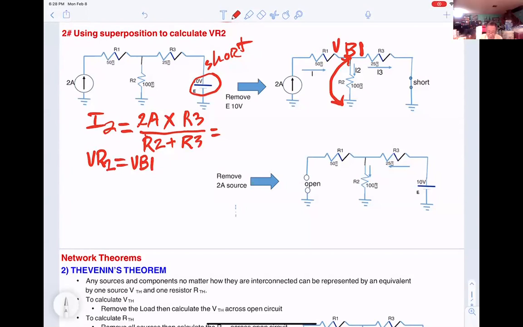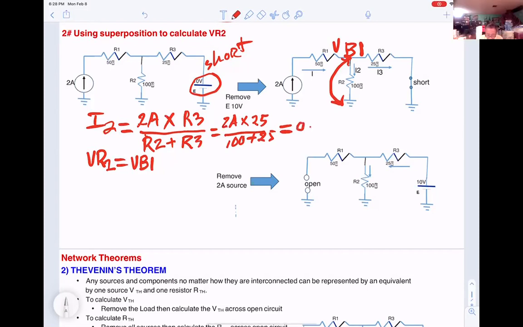So 2 amp times 25, right? No, it's 2 amps minus IR2 is equal to IR3. He's doing the I2 first. 100. Okay. Equal what? 50 divided by 125. 0.4 amps.